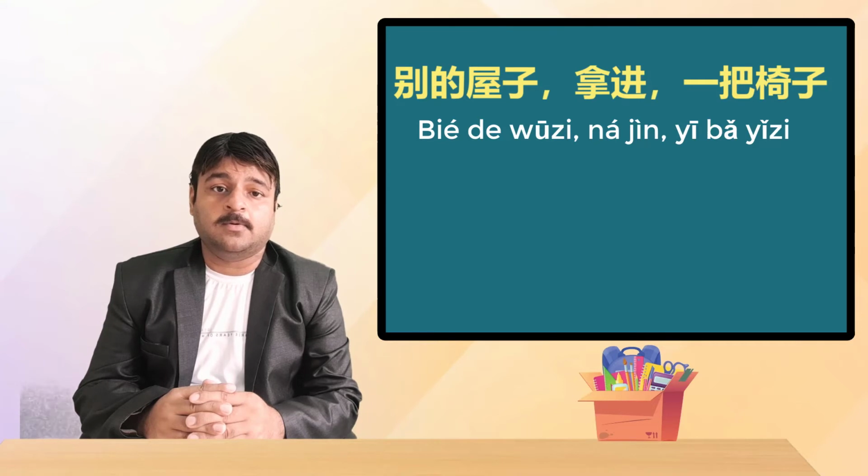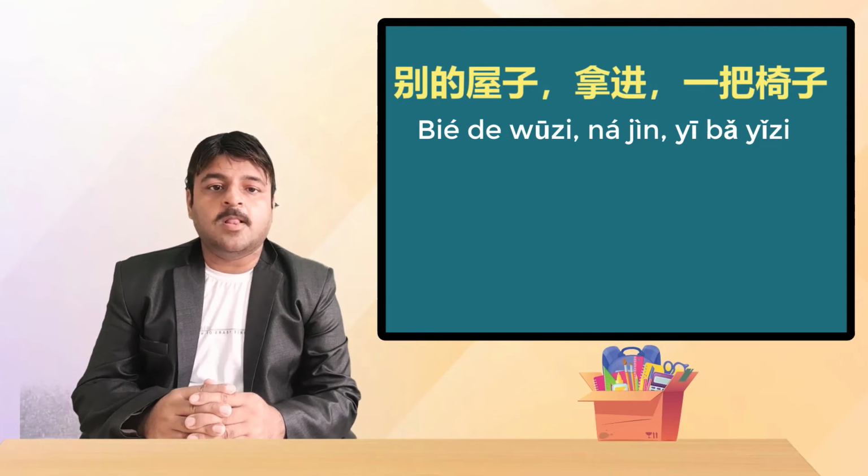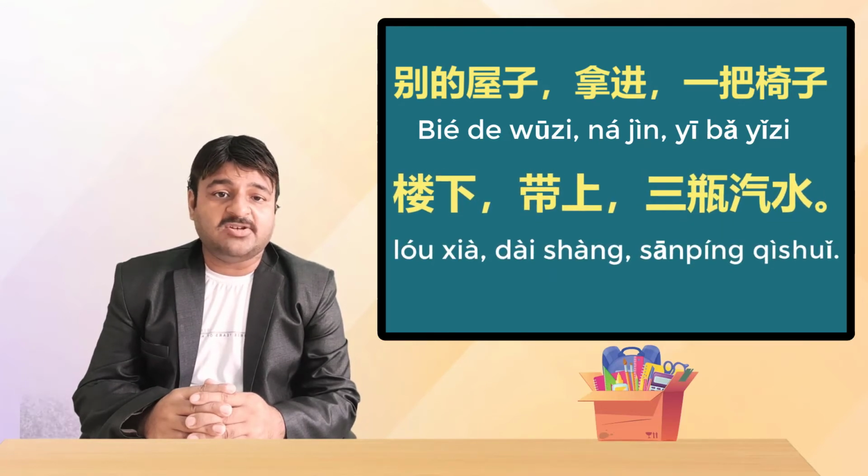This is a compound directional complement. Moving on to the next set of three words to make replacement. 楼下, downside of the building. Shang, up. 三瓶汽水, 3 bottles of soda water. He, from below the building, brought up 3 bottles of soda water.